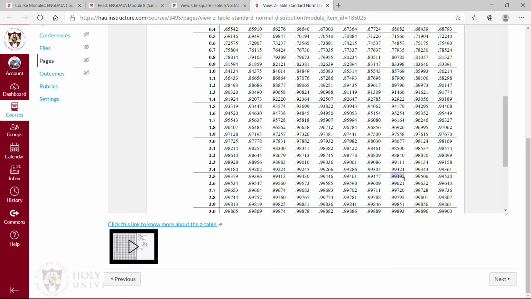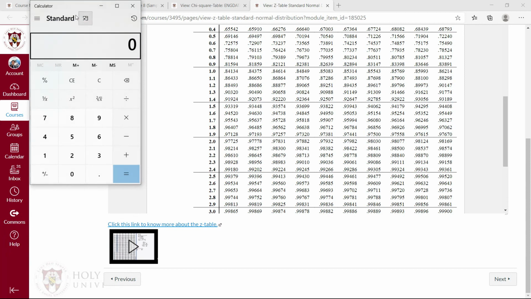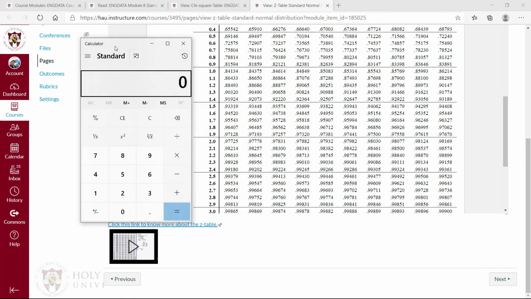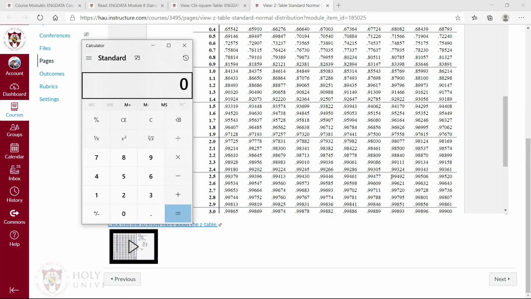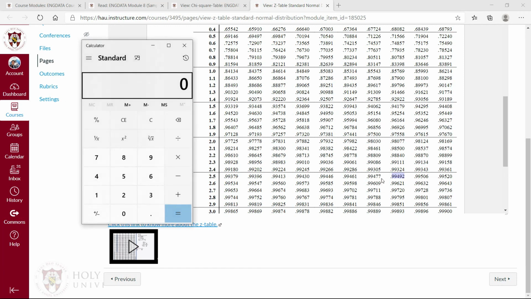Okay, let us use a calculator. So that gives us 0.99492 plus 0.99506.